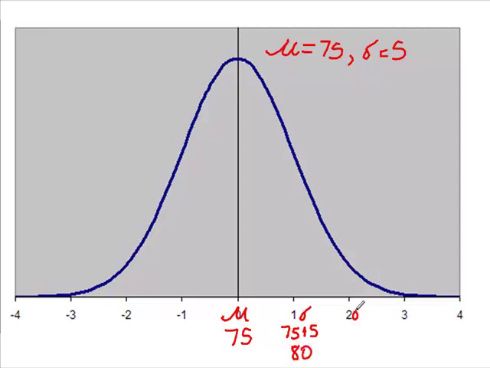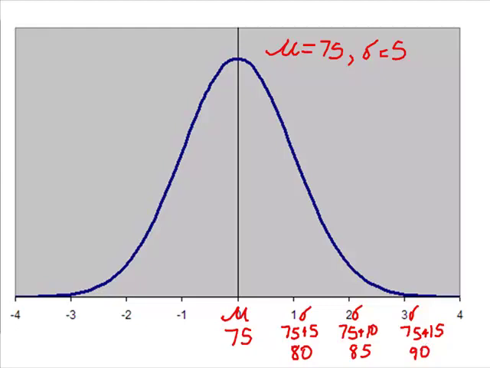If I added 2 standard deviations, 75 plus 2 times 5, which is 10, for 85. Plus 3 standard deviations would be the mean plus 3 times the standard deviation, which would be 15, for a total of 90.